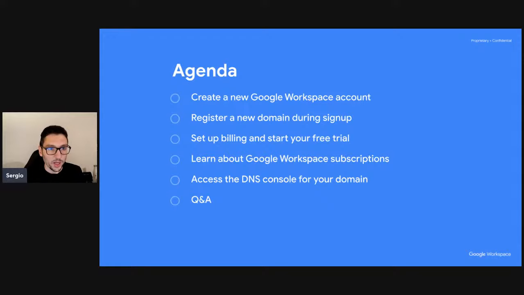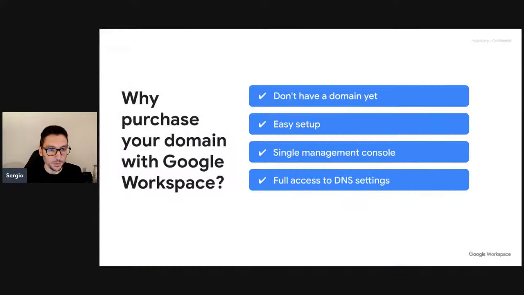So, why would you purchase a domain name during sign up for Google Workspace? First of all, this is a good choice if you don't have a domain name yet, or if you want a new one for your email. This allows you to go through an easy setup of your account, so you won't need to verify your domain and to set up the MX DNS settings for activating your email service.